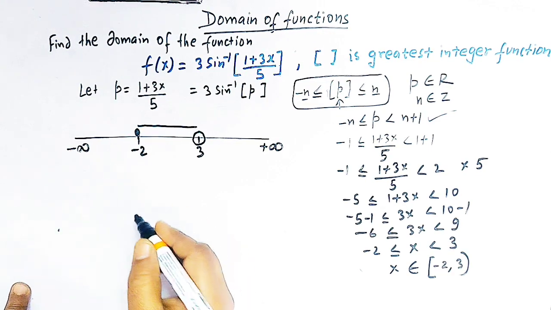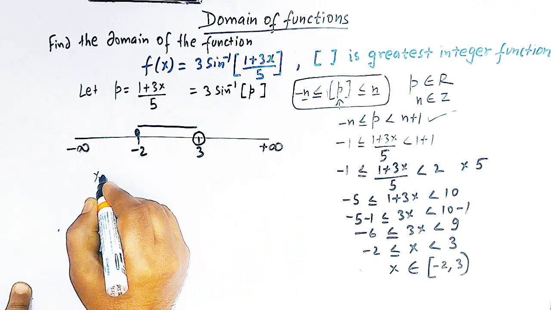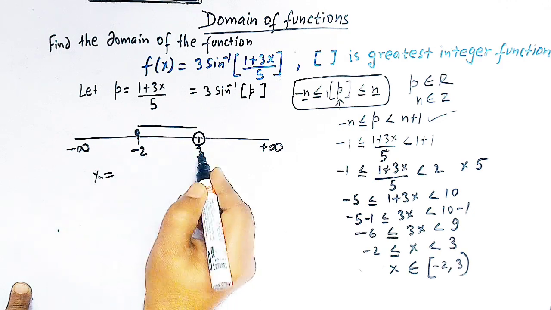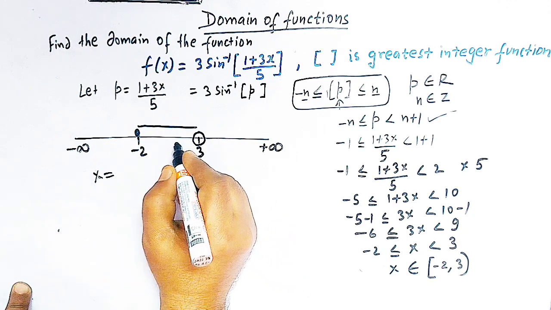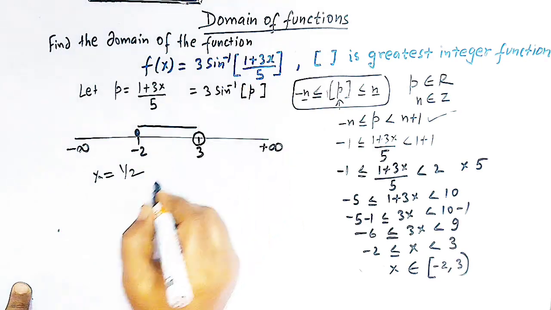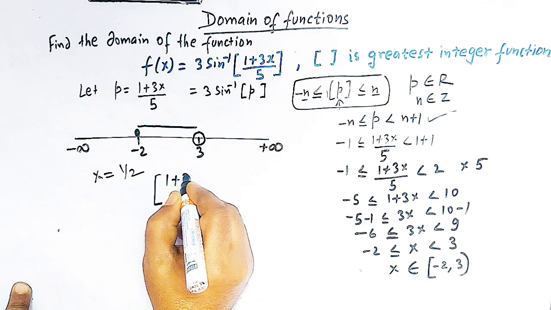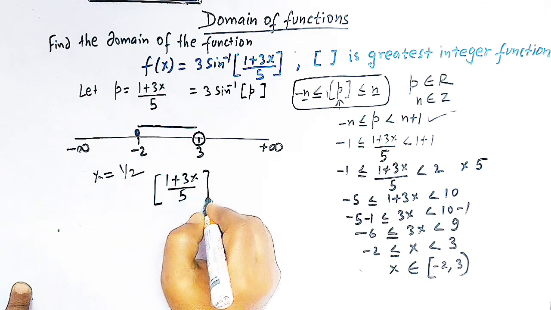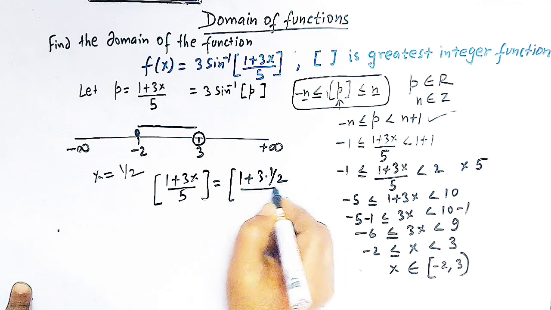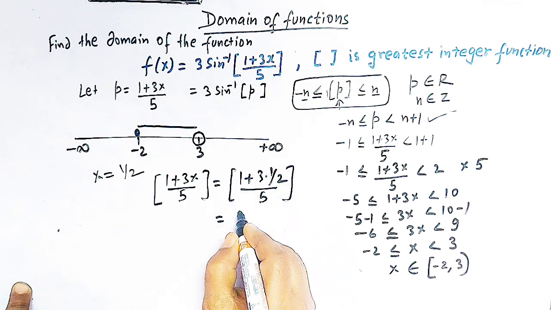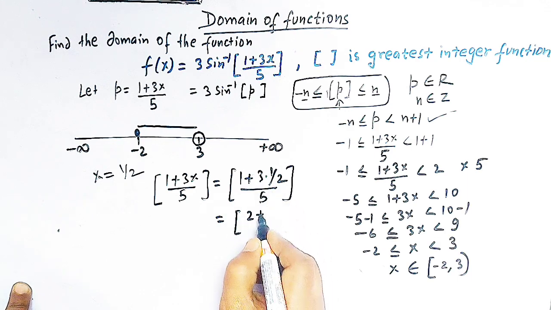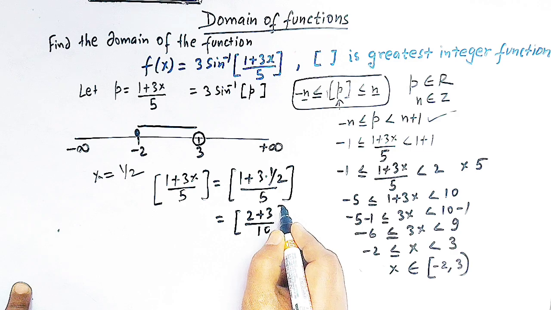So now let us take one more value. So here we can take a value of x which lies between minus 2 and 3, and let us take x is equal to say half, right? Then greatest integer of 1 plus 3x over 5 gives us 1 plus 3 times half over 5. So this is 1 plus 3 over 2, which is 2 plus 3 over 10, right?